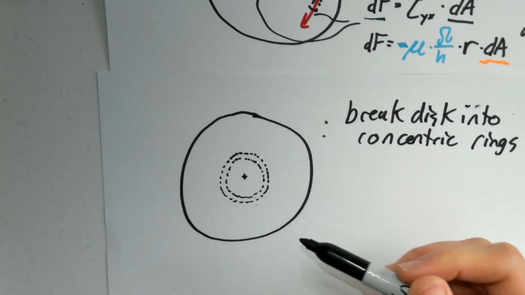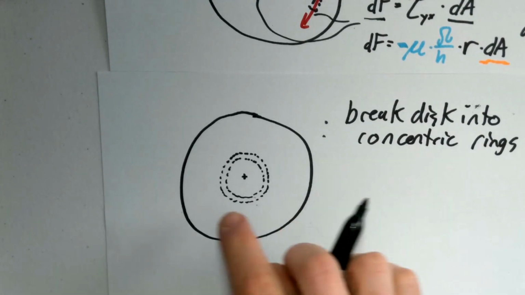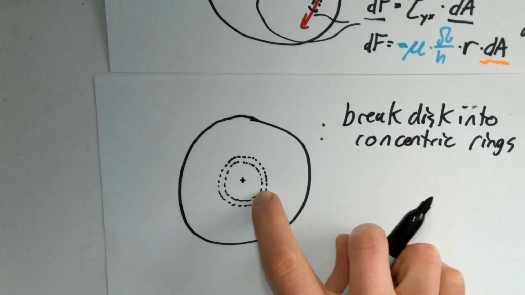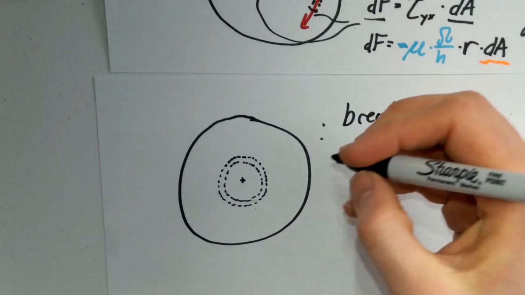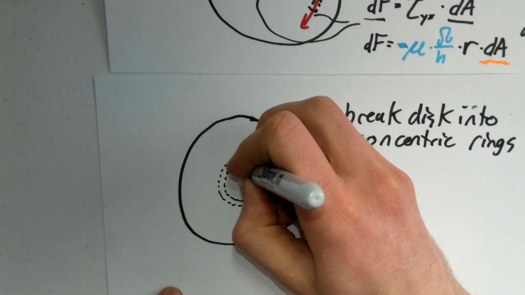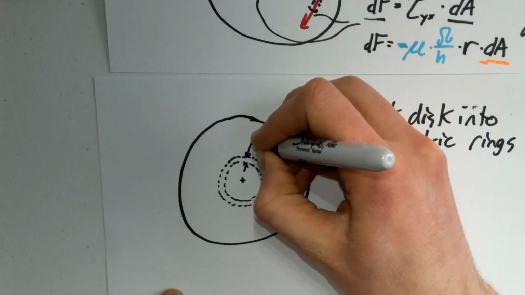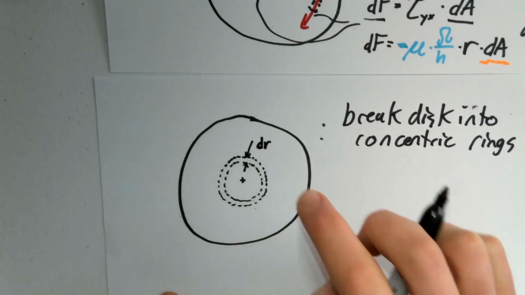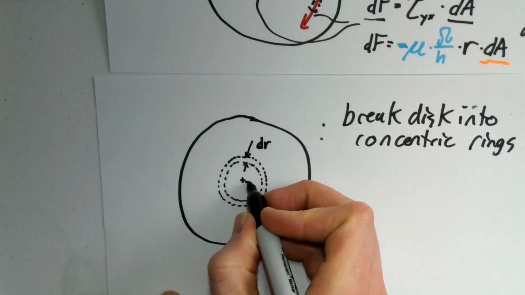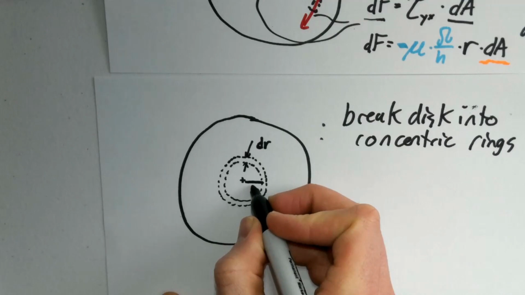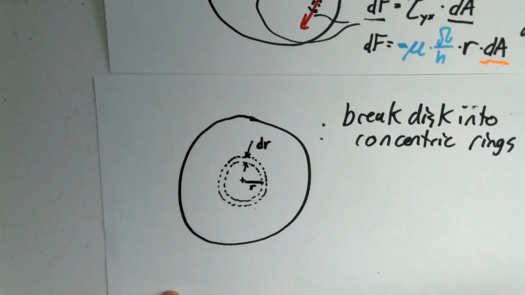So buckle up, we're doing it. We're going to break the disk up into a bunch of concentric rings, and we're going to make each ring have an infinitesimally thin thickness, dr, and we're going to assume that each ring is at a radius r from the center.